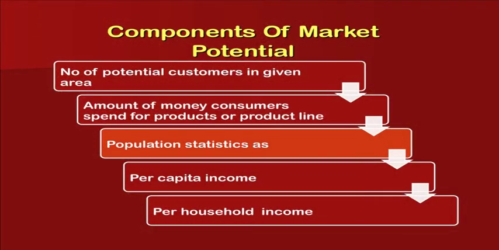So, this will give you the sales potential of a particular product for a particular investor. Components of market potential: number of potential consumers in a given area, amount of money the consumers spend for products or product line, population statistics as studied in form of per capita income and per household income.